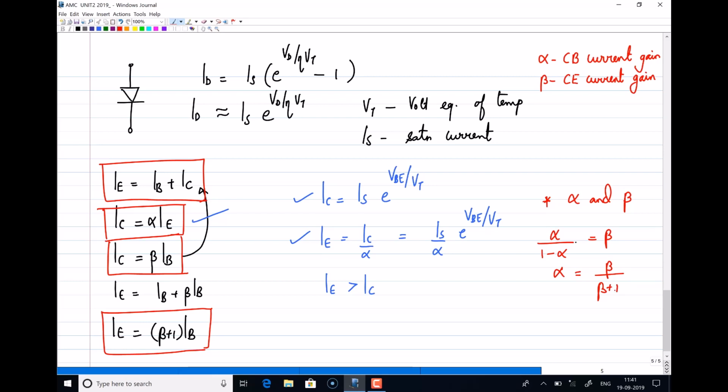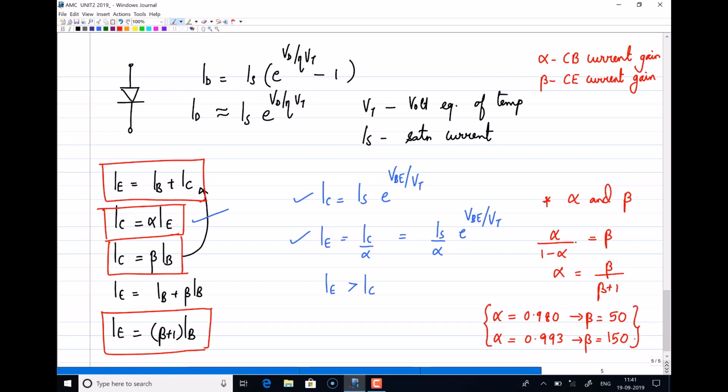A very important observation is, if alpha is 0.980, the corresponding beta is 50. Now if I vary alpha by a very small quantity, from 0.980 to 0.993, the variation is very small, but beta will become 150.